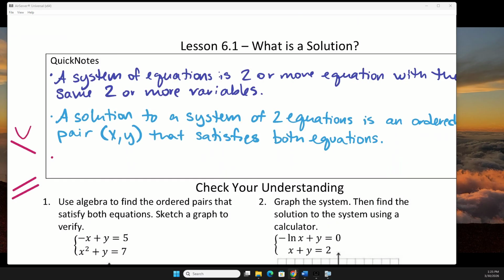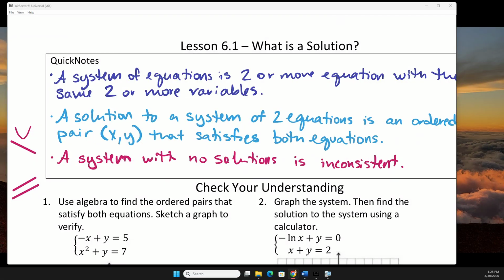And when that happens, the system is called inconsistent. So a system with no solutions is inconsistent. And you might remember most of this stuff from what you learned in Algebra 2.